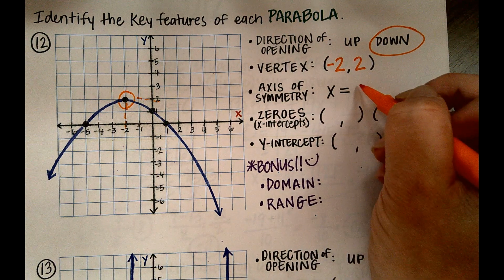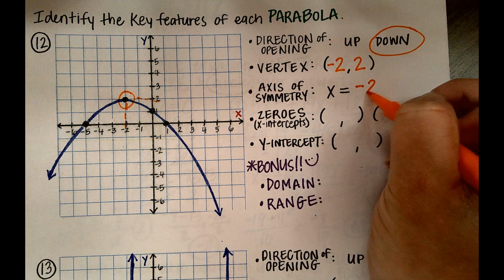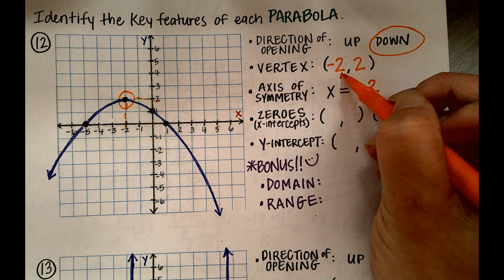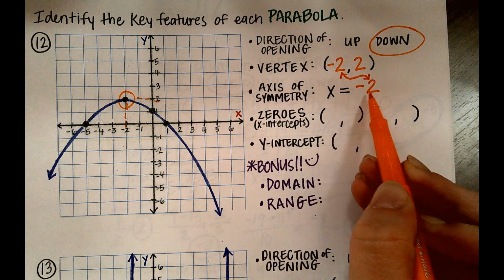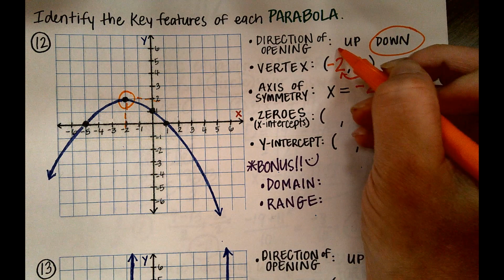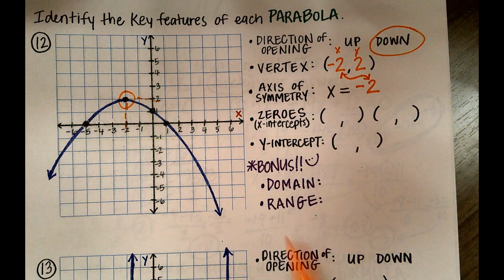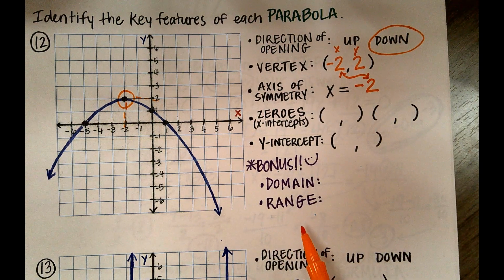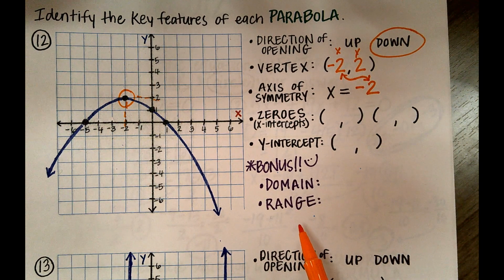X equals -2. And I want to point this out. This will always match. X equals just the x of your vertex. Okay? Question. Yes. I wasn't here for this, so I want to make sure. Yes, absolutely. So the vertex is like the point? Yes.